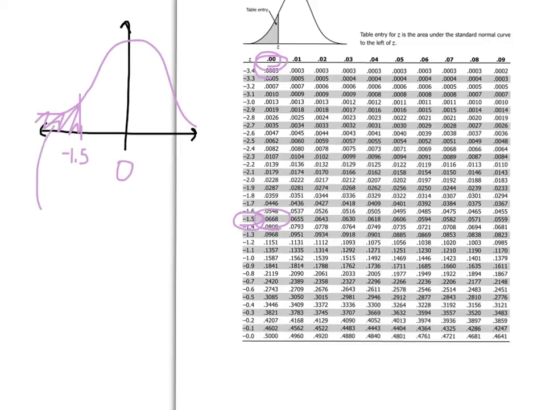This area here is equal to 0.0668. And that's exactly what we wanted to calculate. We're not going to have to do any subtracting or anything like that. So this is also equal to 6.68%. So about a 6.68% chance of that happening.